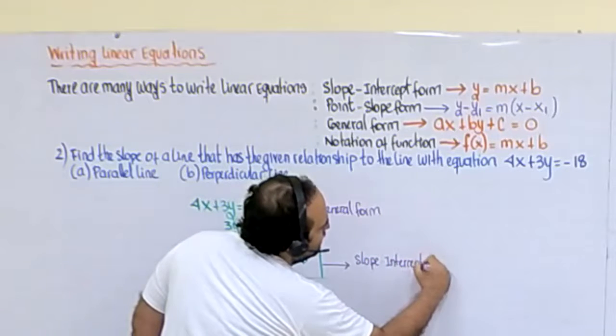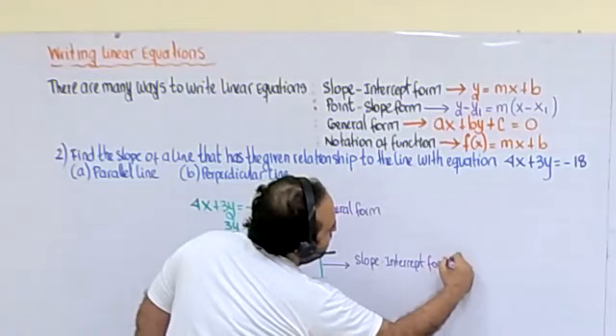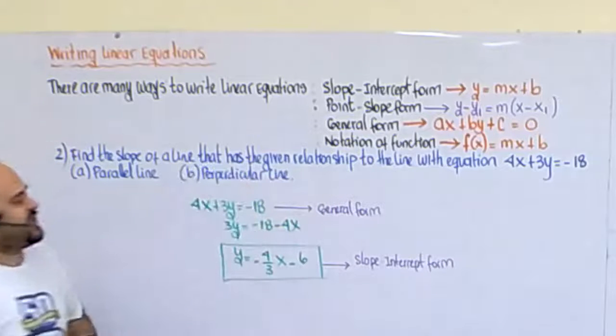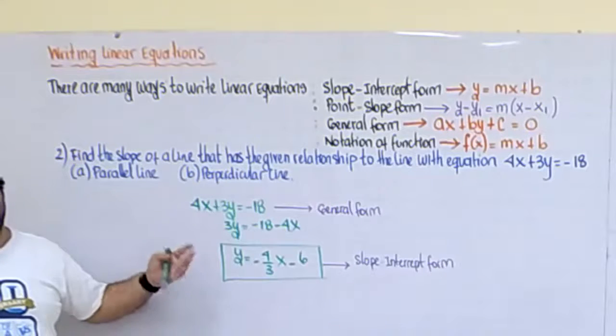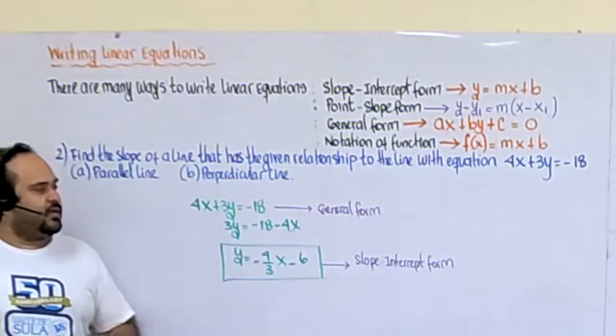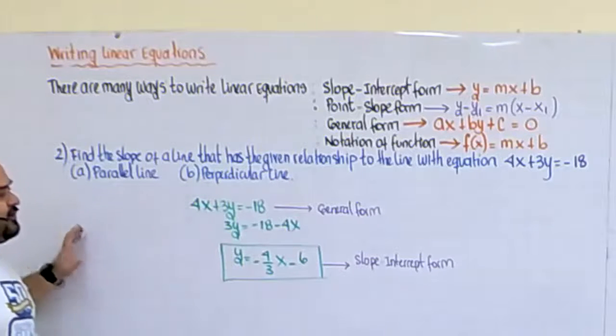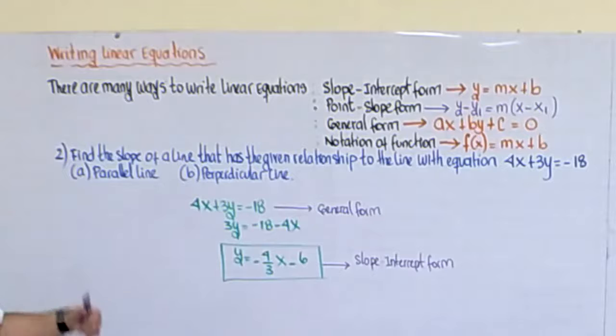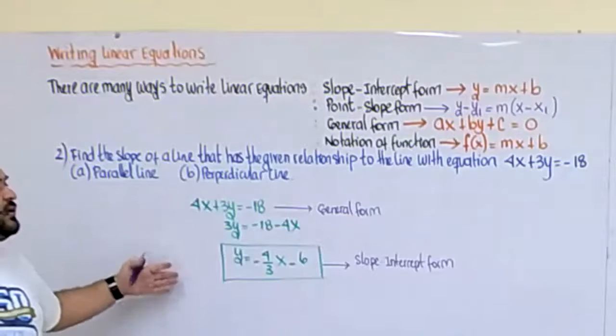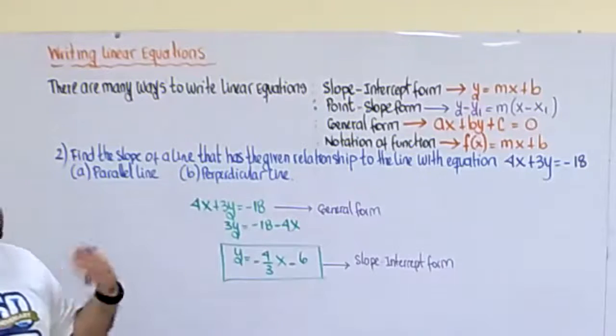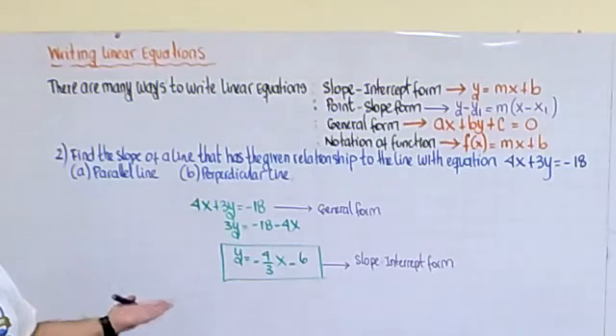intercept form, okay? And if I change y by f(x), that will be the notation of function, okay? That's not a big deal. In this case they are not asking to write the equation in function notation, but I do it just to differentiate how we are going to identify this equation.